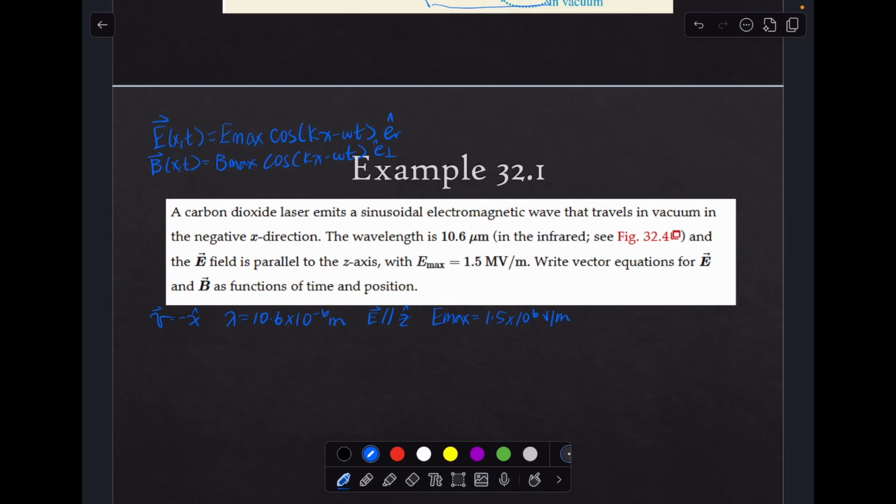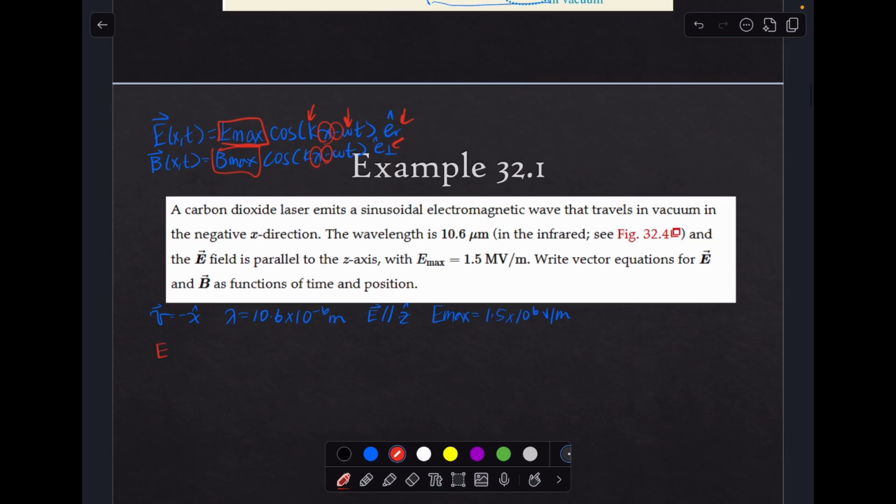So what do we need to figure out to plug it in? We need to figure out what direction it's traveling in. We would replace the minus sign and the x here. We need to figure out what k and omega are, and then we need to figure out what direction. So we have a lot of blanks to fill in here. So to start building the equation, we can start right here.